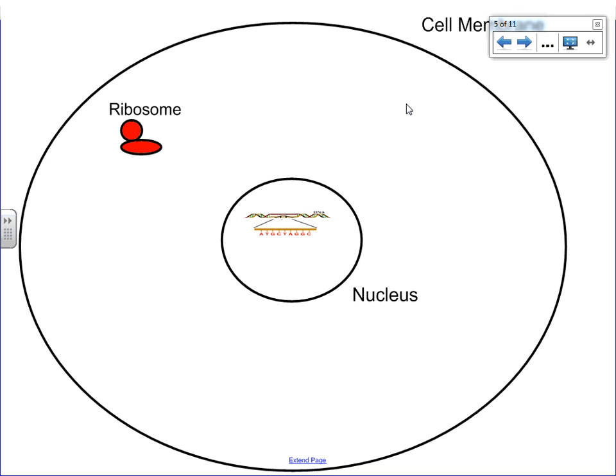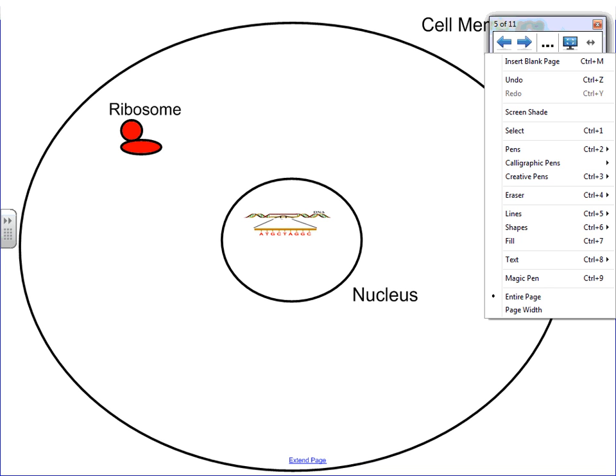Somehow the information has to get from the DNA to the ribosome. You may think it's simple: if the nucleus just lets the DNA go, the DNA will drift out of the nucleus, make its way over to the ribosome, and problem solved. But there's an issue with that.